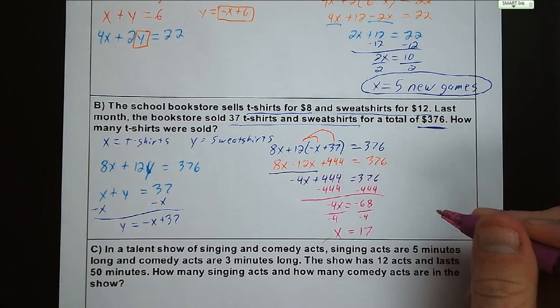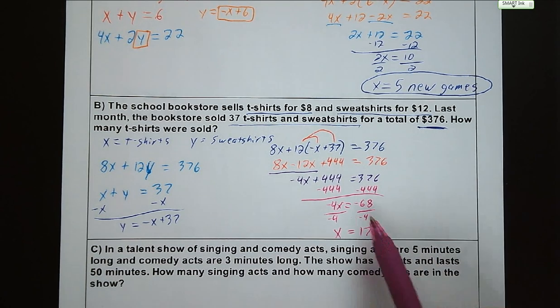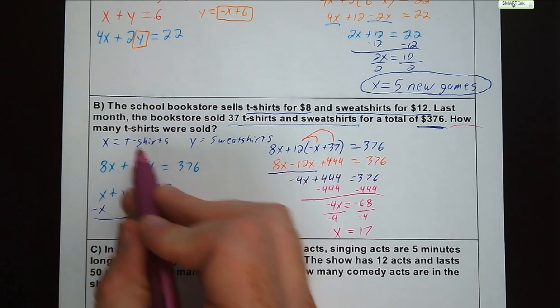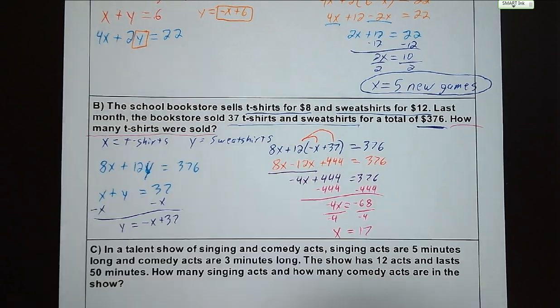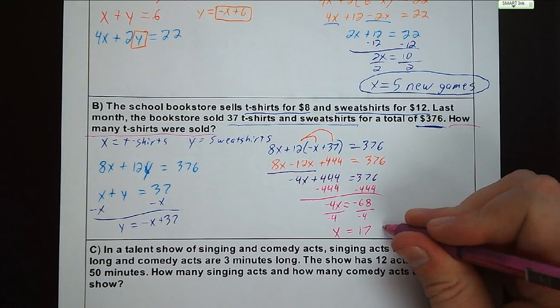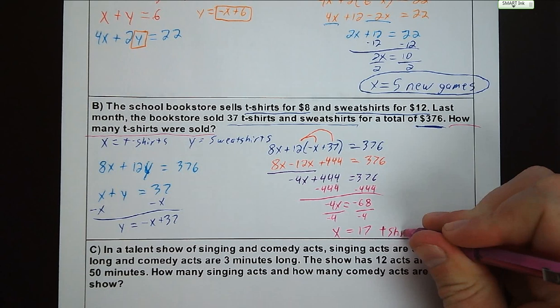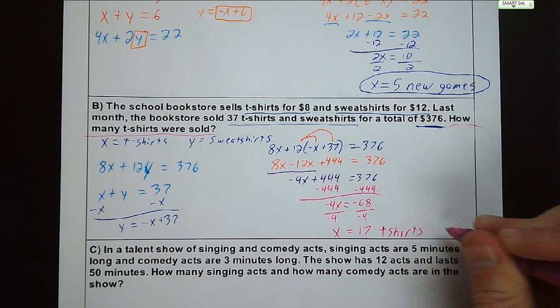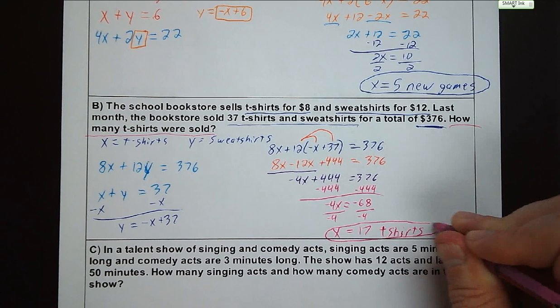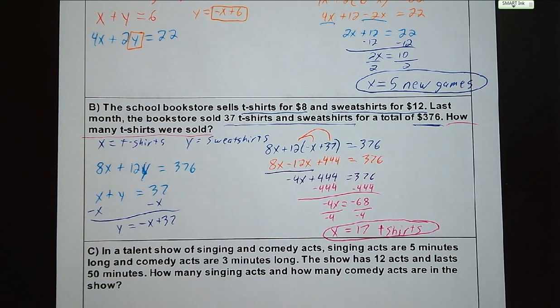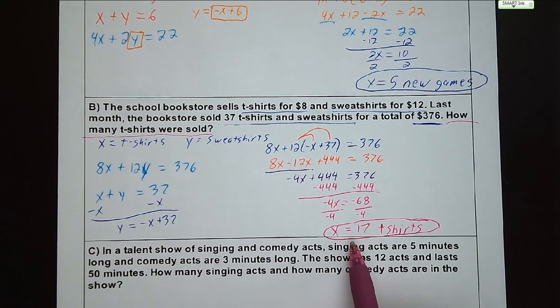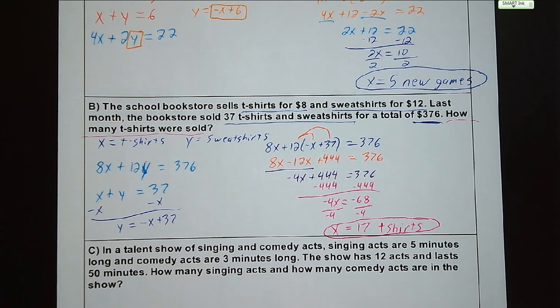Now, X was the number of T-shirts, and we wanted to know how many T-shirts were sold, so we have 17 T-shirts. If I had wanted to know how many sweatshirts, we could take this, plug it back into our equation, and find that we sold 20 sweatshirts, because 20 plus 17 would give us our 37 total.